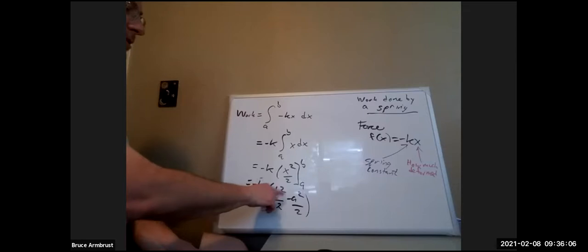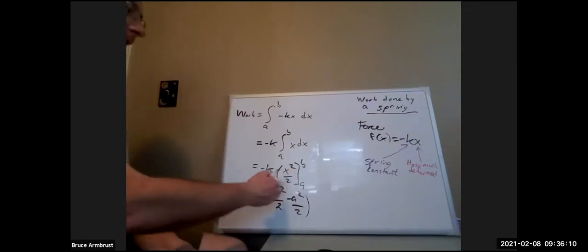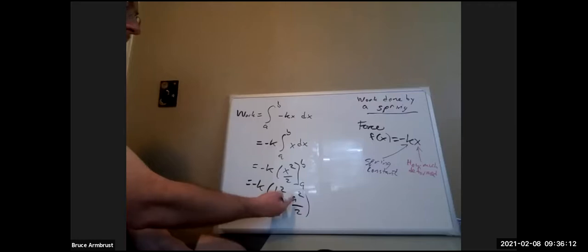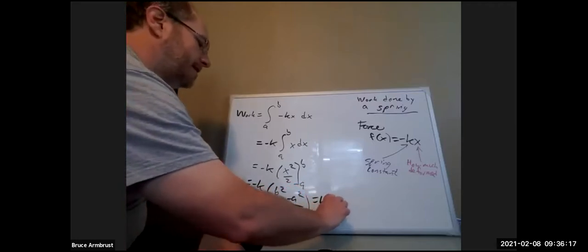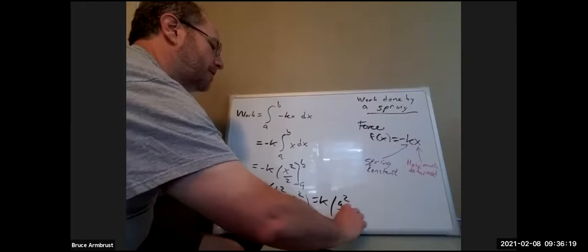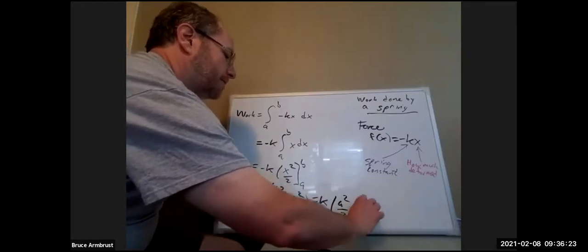And I'm going to go ahead and distribute the minus sign through. So that's going to swap those two guys. So this ends up being k times a squared over 2 minus b squared over 2.